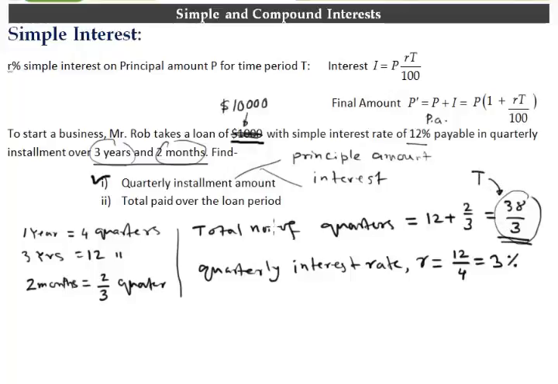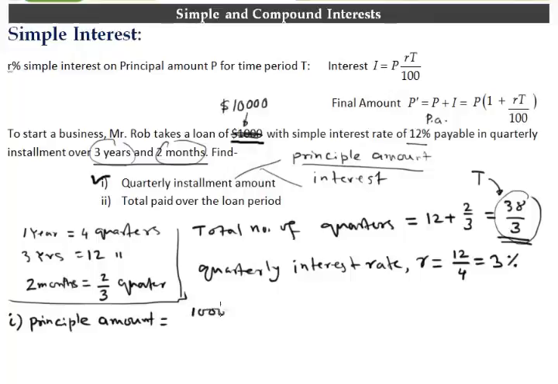Now for the quarterly installment amount, first we need to find the principal amount. How much principal amount will he be paying? So first, the principal amount in each installment will be 10,000 divided by, the total principal amount is 10,000, that will be distributed over 38 divided by 3 quarters.